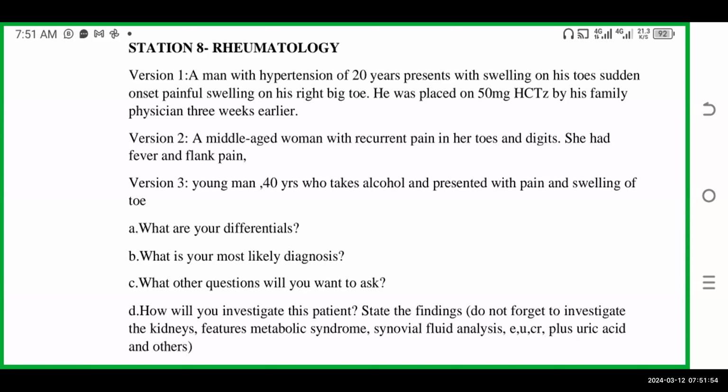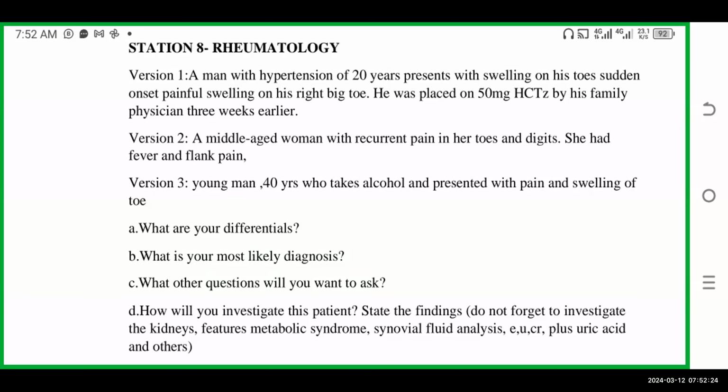So there's swelling of the first metatarsophalangeal joint of the big toe, and this is sometimes the first presentation of gout in a person who may not even be known to have hyperuricemia, and it's called podagra. So that's a giveaway. Swelling of the big toe in a person with risk factors: for version 1, hypertension, so he likely has other metabolic issues, probably including hyperuricemia, and then he was placed on a thiazide diuretic.